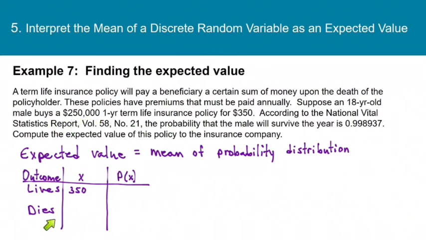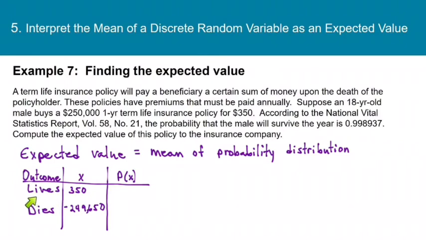So how much money are they actually out? To find that, we're going to say negative $250,000 plus $350, and that is negative $249,650. So this amount is how much the insurance company is out if he dies, and this number is how much they gain if he lives.